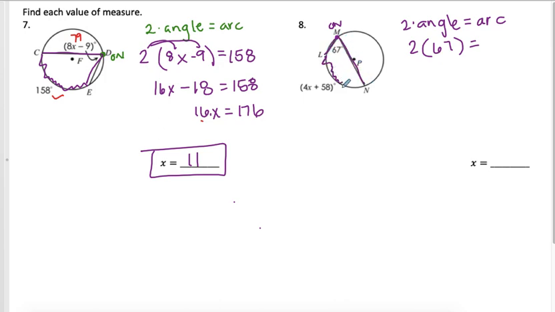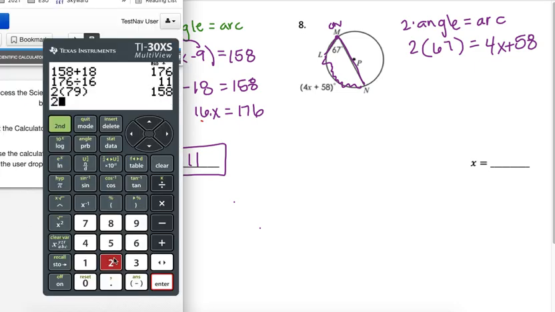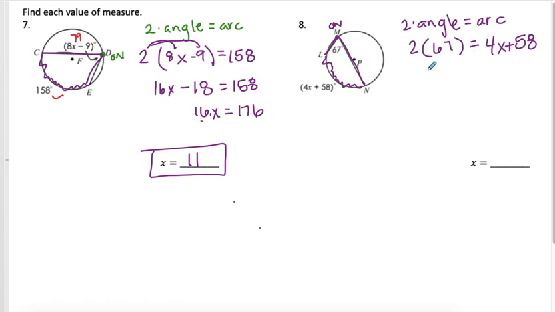Yep, so this captures the arc L to N here, giving me 4x plus 58. And again, now I'm going to use my algebra skills to get x by itself. So I'm going to multiply 2 times 67 to get the left-hand side of 134. And then I have 2 numbers on this side, keeping x from being by itself. So I'm going to undo addition by subtracting.